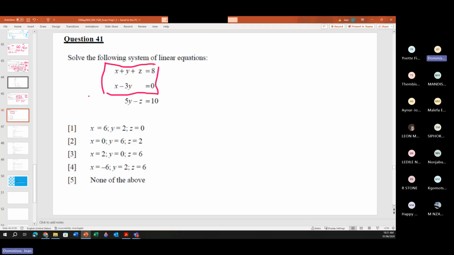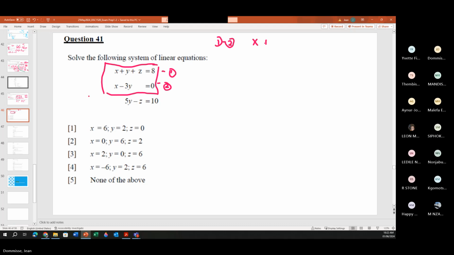I'm just thinking so that I can get rid of the x's and then one can work. So I would have said something like, that was option 1, that was 2. I would have said 1 minus 2. Let's just check if we do that.